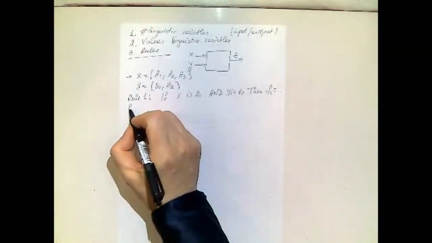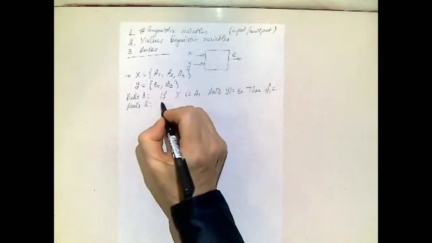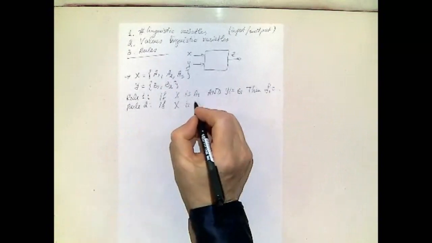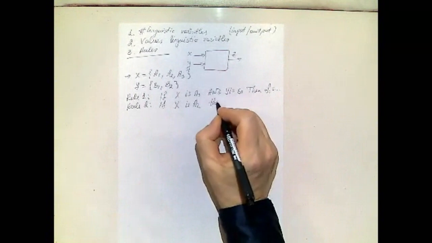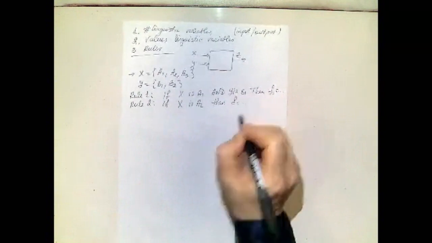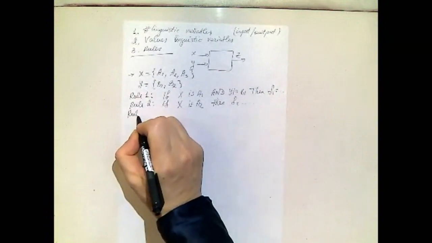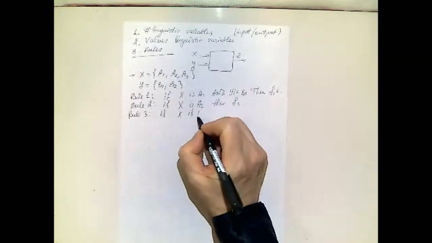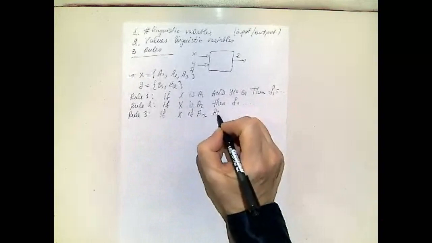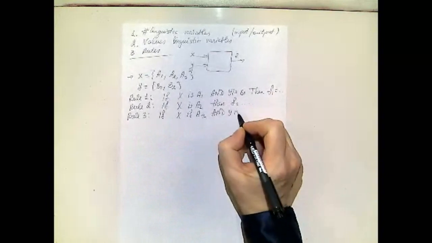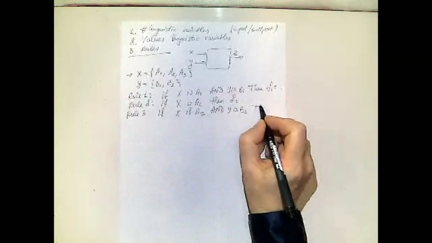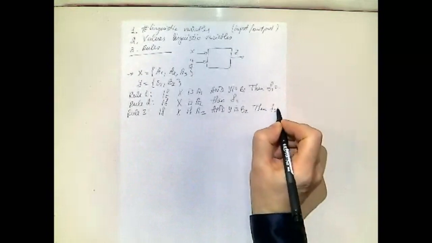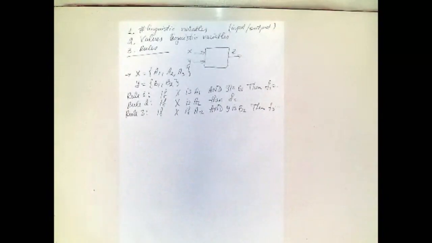Rule 2: if X is A2 then F2, and rule 3: if X is A3 and Y is B2, then F3. So we speak about 3 rules, slightly different than what we have agreed.